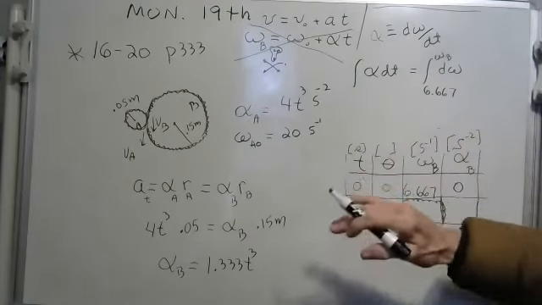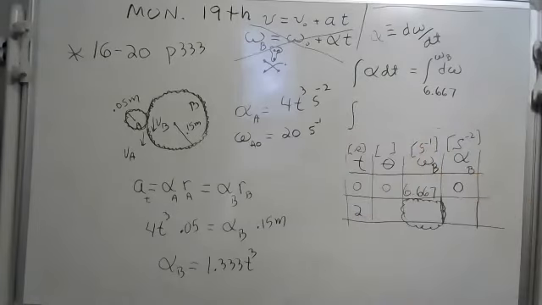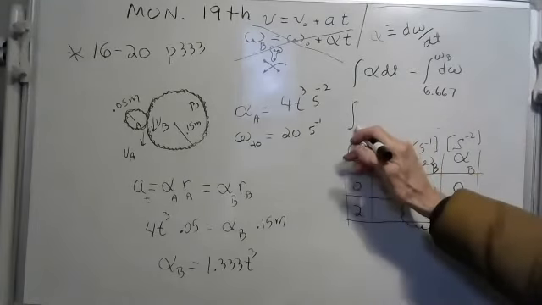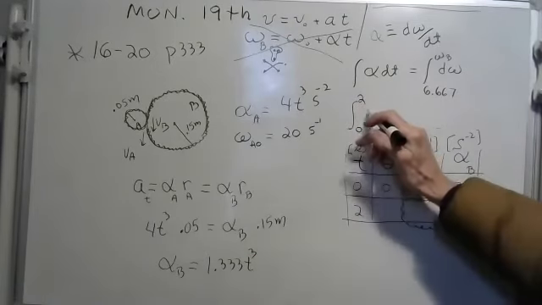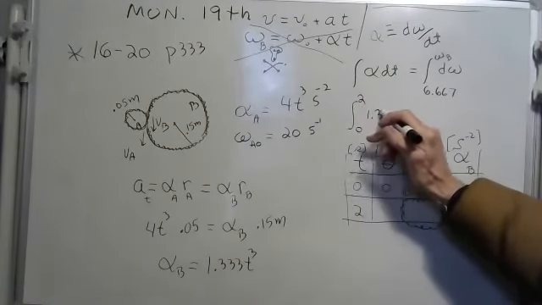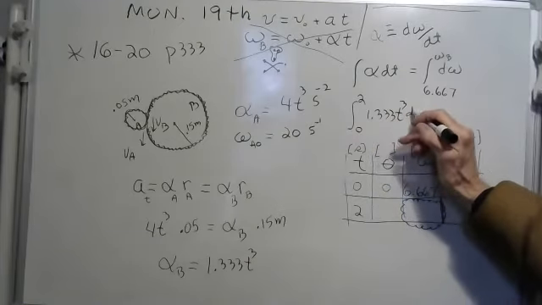And here, we're going to have an integral going from 0 to 2 seconds of 1 point blah, blah, blah, t cubed dt.